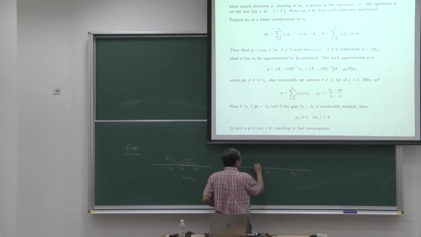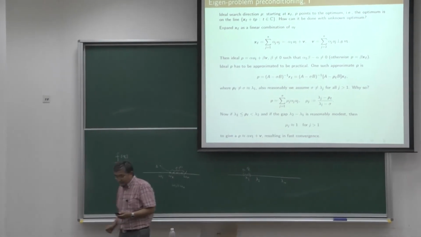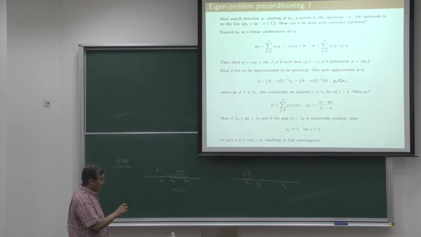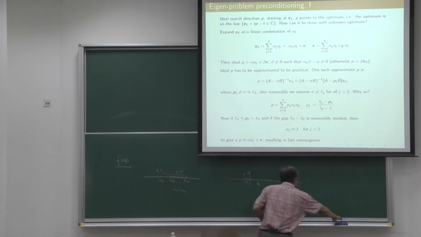You pick around a neighborhood, so we're close to lambda 1. You have the approximation, and you have the shift. That's all roughly in the neighborhood of lambda 1. And so using the eigen decomposition, you find that p equals this vector. Okay, let me quickly say that.